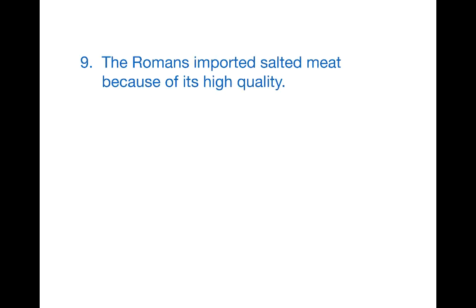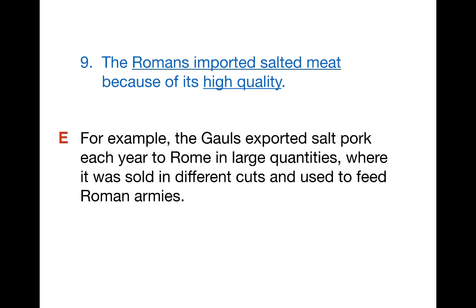Last question, number 9. The Romans imported salted meat because of its high quality. If we carry on reading and we get to paragraph E, for example, the Gauls exported salt pork each year to Rome in large quantities, where it was sold in different cuts and used to feed Roman armies.